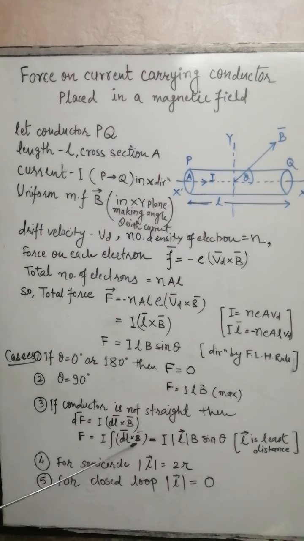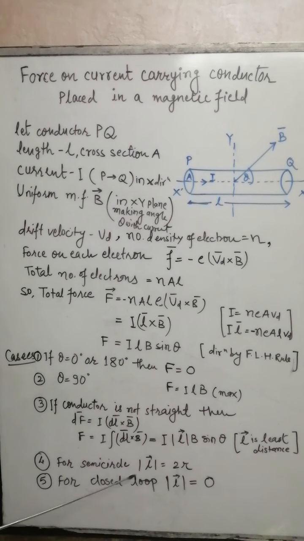Integration of dl cross B gives the value of force. Here this L is the least distance between initial and final ends of the conductor. This is not a distance, it is a displacement, a vector quantity. So must remember this.